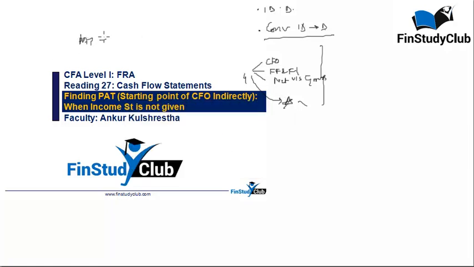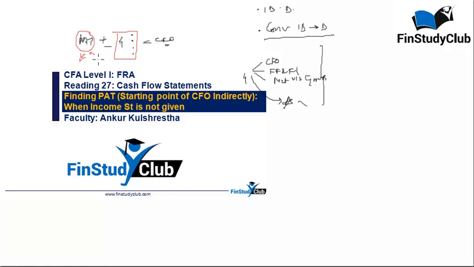You would remember that PAT had to undergo four different adjustments: non-cash, non-operating, tax adjustments, and working capital adjustment in order to become CFO. The key question here is, unless and until we have the PAT, how would we implement those four adjustments? So the point to be noted is, if the income statement is given, I can obviously very quickly look at PAT.